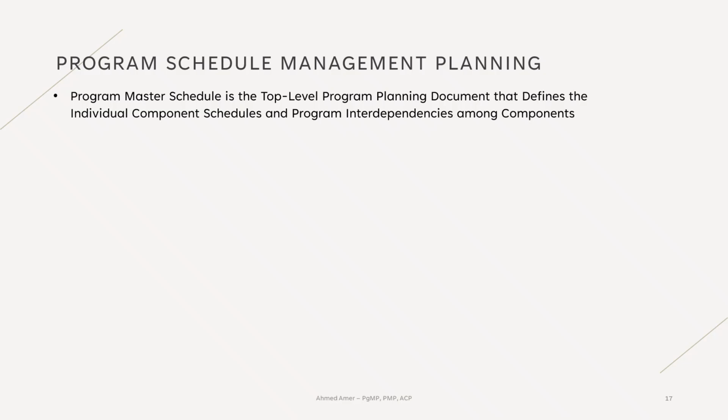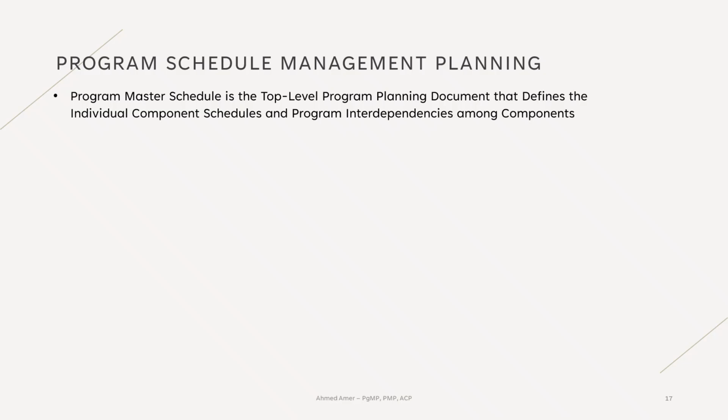Once the high-level program master schedule is defined, the dates for each program component are identified and used to develop the component's schedule. These dates often become constraints at the component level. When a component has multiple deliverables that other components depend on, those deliverables and interdependencies should be reflected in the program master schedule. This often happens when we have a top-down program.